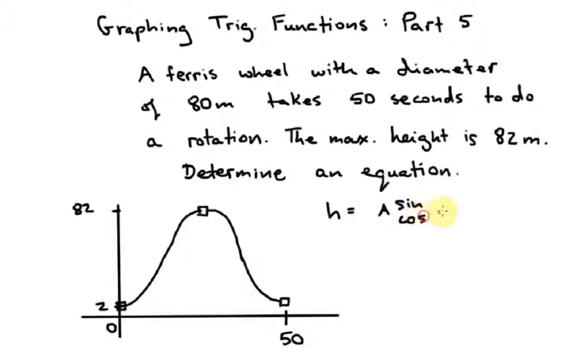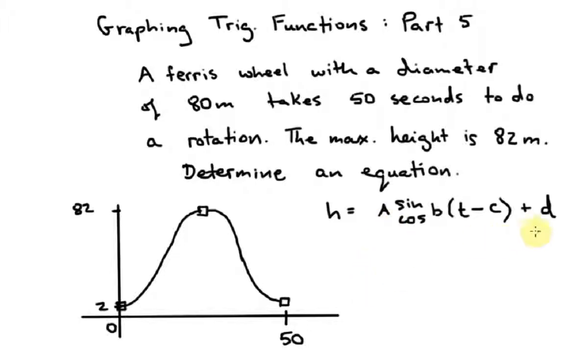The next thing that's important is B, which affects the period, and then we have t for time, and then some sort of a phase shift, and lastly a vertical shift. So a, b, c, and d are the things we have to determine for this equation.